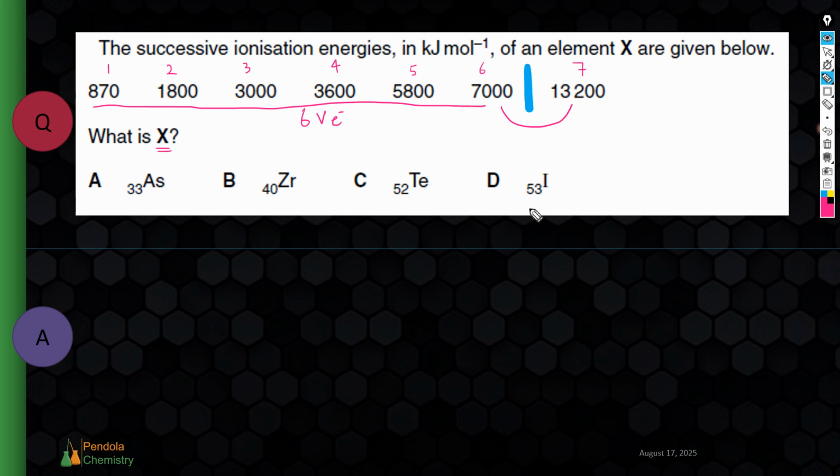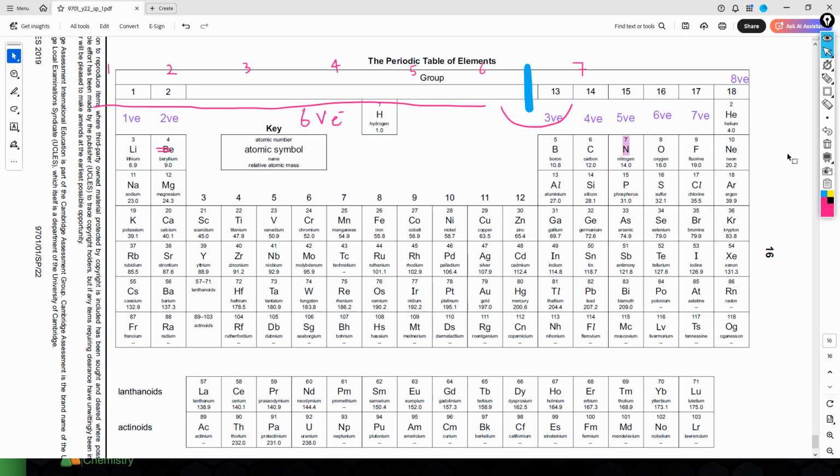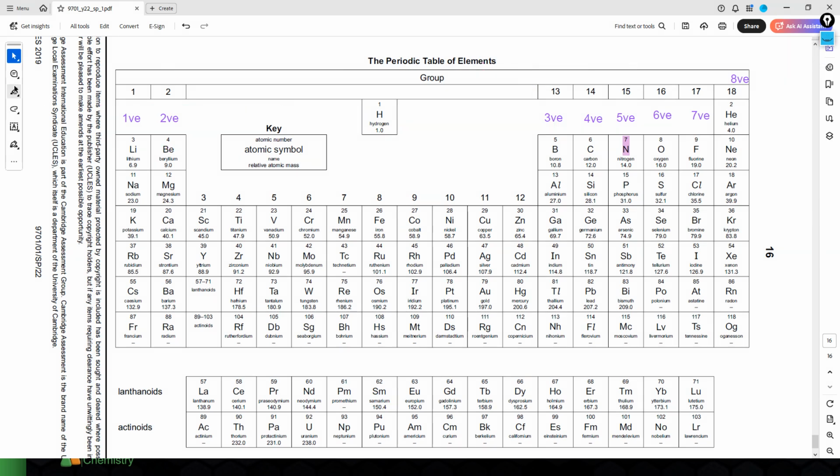Now, in order to do what we need to do here, we need to look at where these elements are located. So we have As, Cr, Te, and I. Let me highlight them. Here's Te, As.